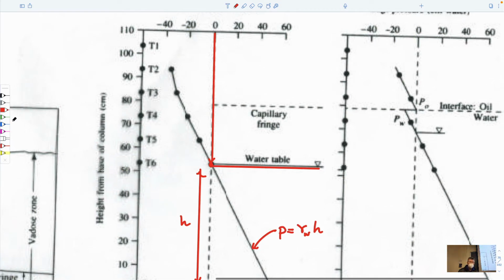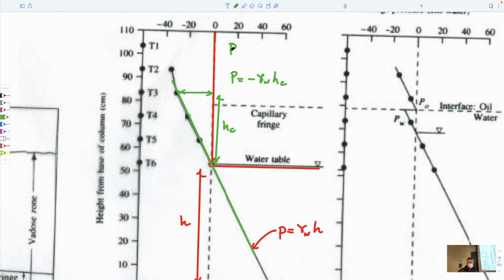And by extrapolation, as we go within the Vadose zone, we can just extrapolate directly above this. As we go back here, we're basically pulling the water up. So this pressure here is equal to minus the unit weight of water times H, call it H sub C. That's this. It's negative, so it's in tension. So the water pressure is in tension.